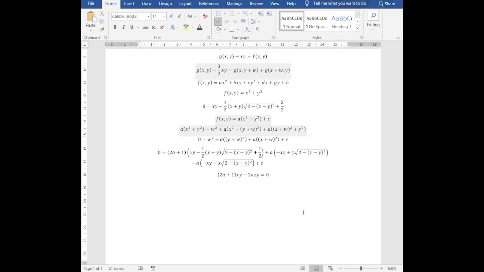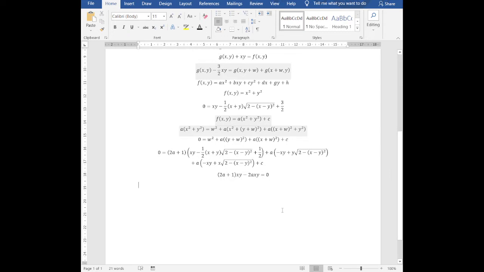Because that 2a is going to cancel. So we can get really close with this. I can get here up to a factor of xy. That xy is going to be that one factor I can't get rid of. But I will be able to get rid of everything else, which is a good sign.